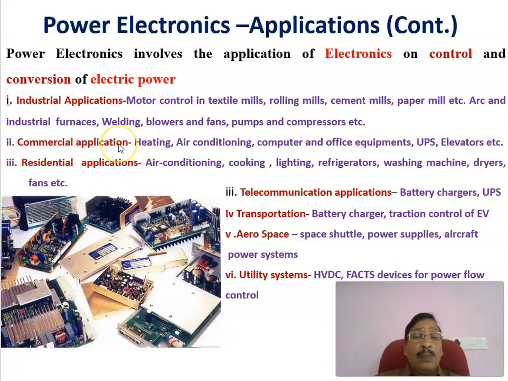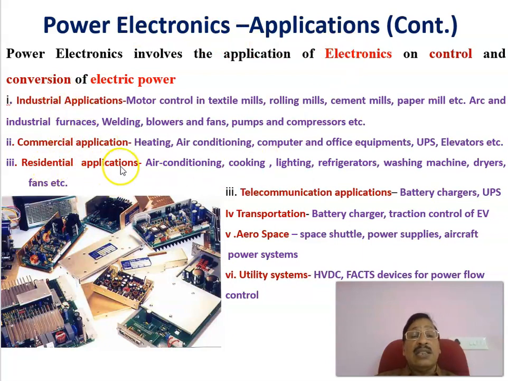Then commercial applications: it is widely used for heating applications, air conditioning, computers and office equipment like UPS, uninterrupted power supplies, and elevators, etc. In different office or commercial applications, power electronic devices are widely used.